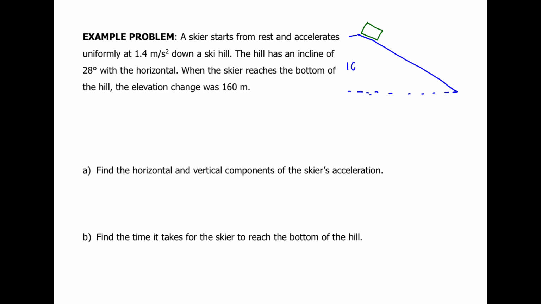So our elevation change here is 160 meters. We're going to have a downward acceleration here of 1.4 meters per second squared. We know my initial velocity is 0 meters per second. And I have a 28-degree angle there at the bottom.